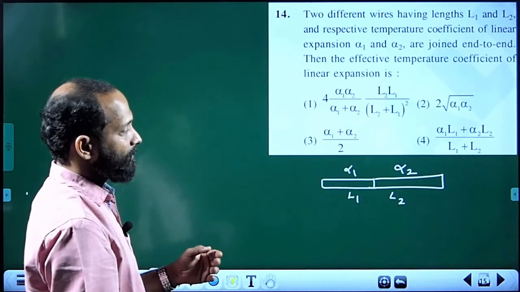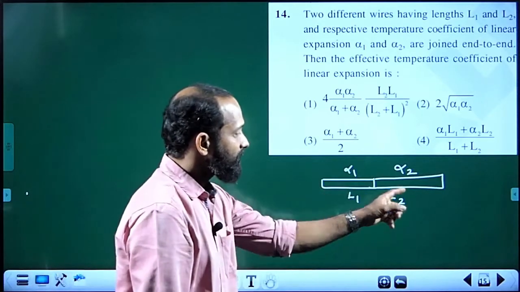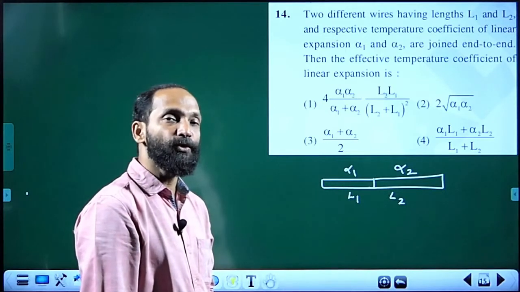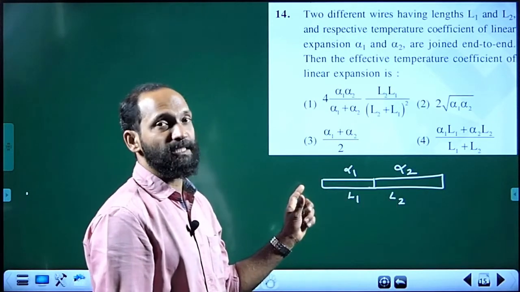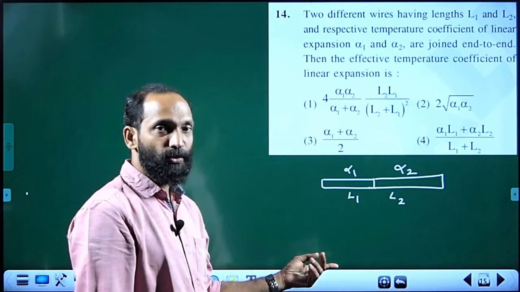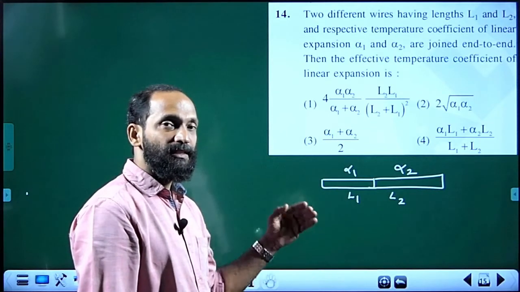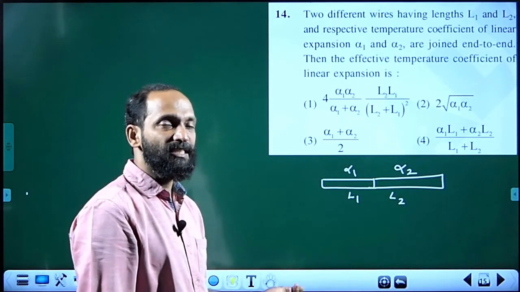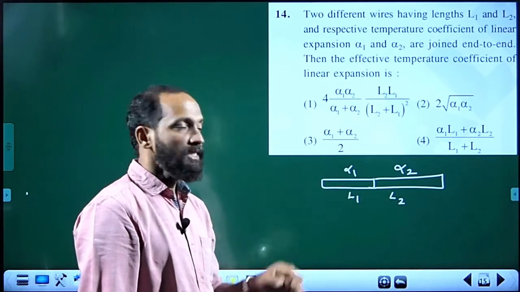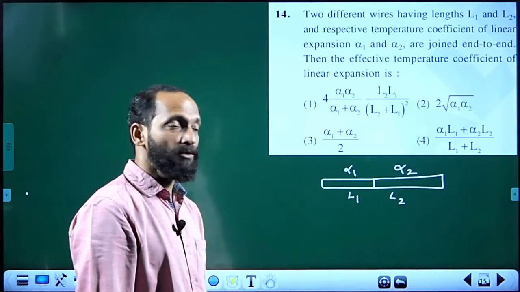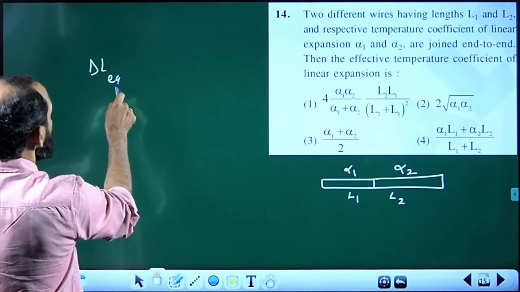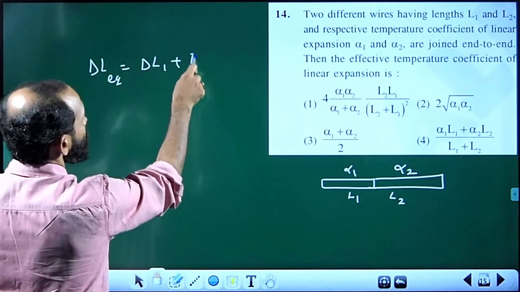The total expansion produced by these two should be the same as that produced by the single rod of effective expansivity. That is the principle. The change in length delta L of that single rod must equal the sum of the changes in length offered by each of these. So, the total delta L equivalent is equal to delta L1 plus delta L2.